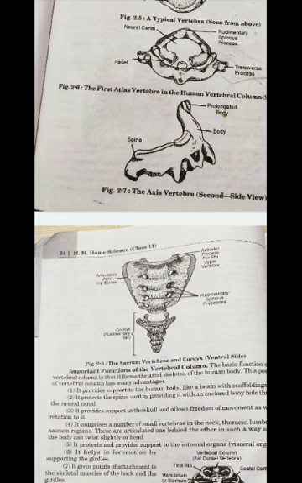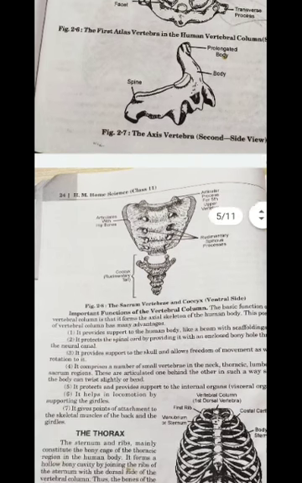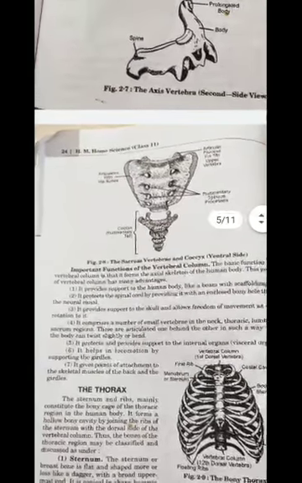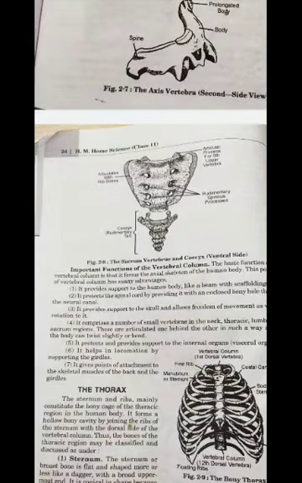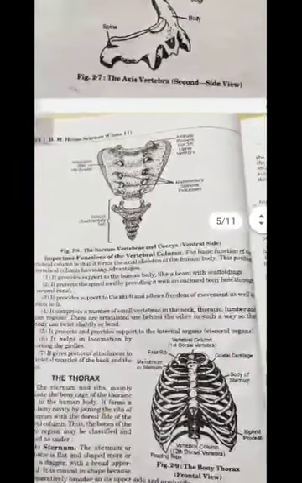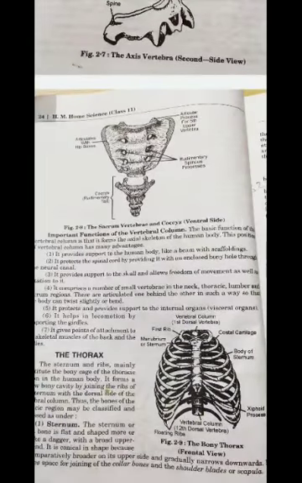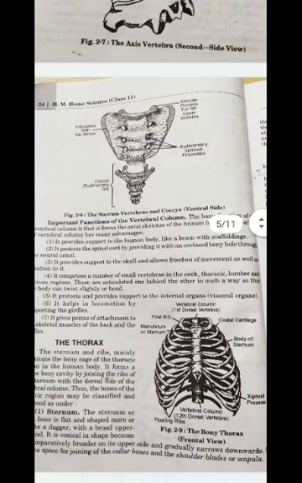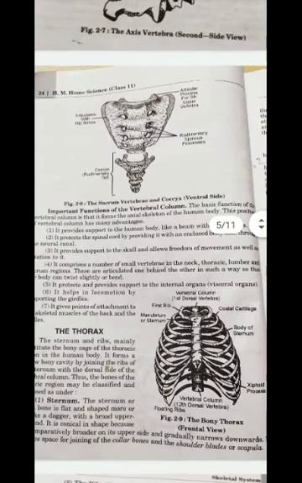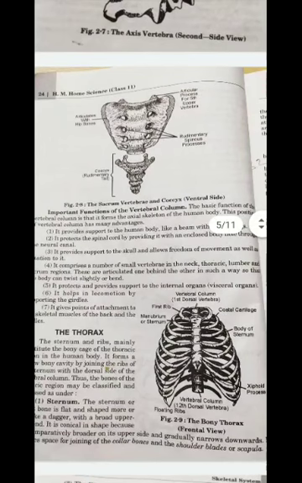What is the function of the vertebral column? Now I will tell you the important functions of the vertebral column. The basic function of the vertebral column is that it provides support in the human body like a beam and scaffolding. It protects the spinal cord by providing it with an enclosed bony hole.